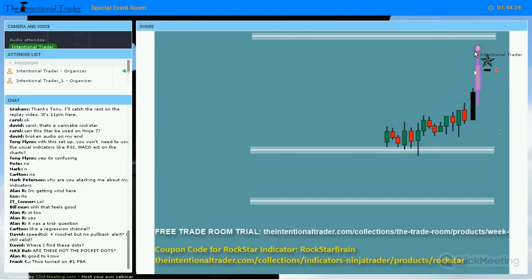So you'll notice in the trade room, historically we've used these two. There are 5 levels inside of the pullback alert, 5 different types of price action that we can measure with the pullback alert.